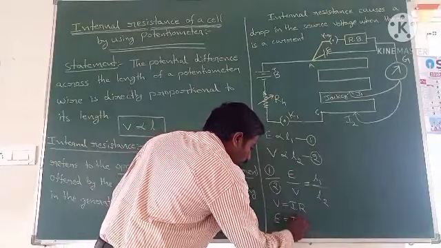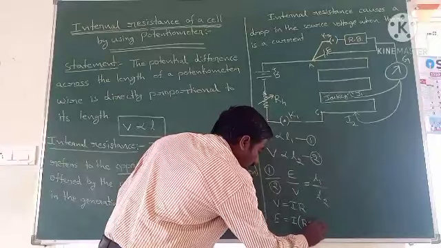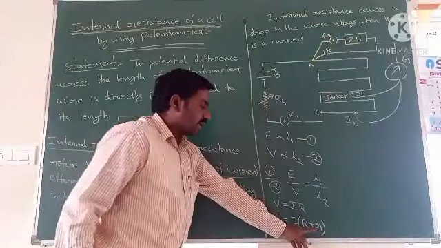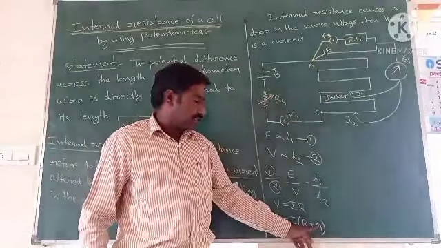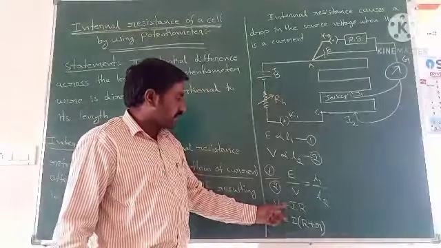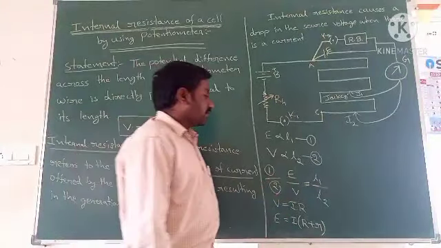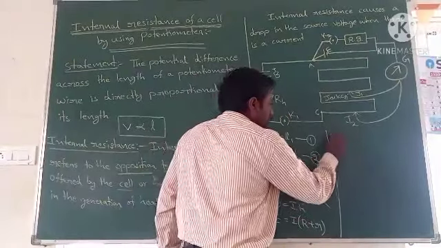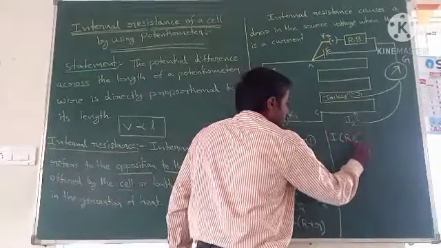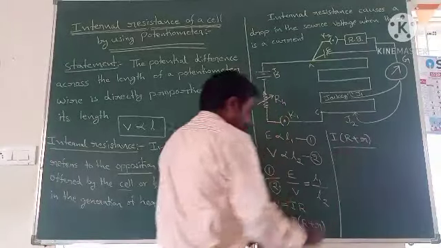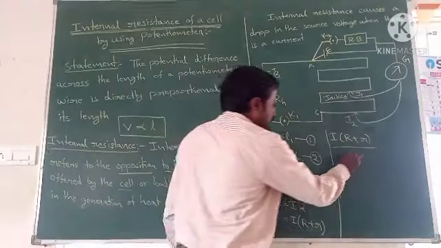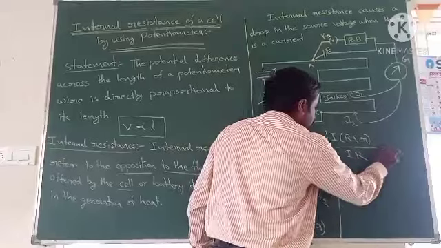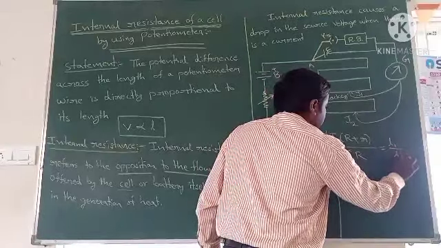I into (R plus r), where small r is the internal resistance of the cell. Now substitute these two equations in this one. Then E by V is I into (R plus r) divided by V, and V is IR, so it equals L1 by L2.